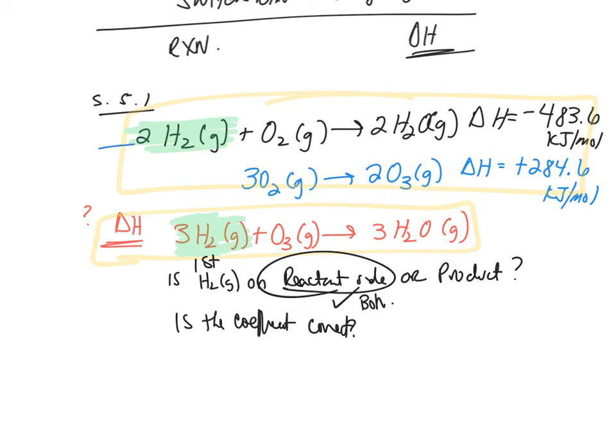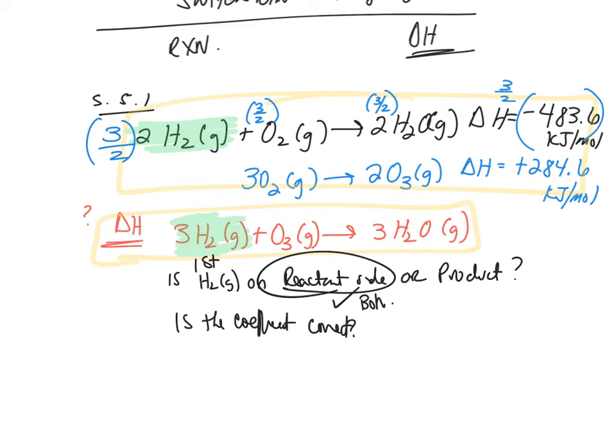So I have to take this and divide by 2 and multiply it by 3. Does that work out? So what's 3 times 2 divided by 2? 3. So I'm going to multiply everything by 3 halves. Okay, and that means I've got to take this and multiply it by 3 halves.